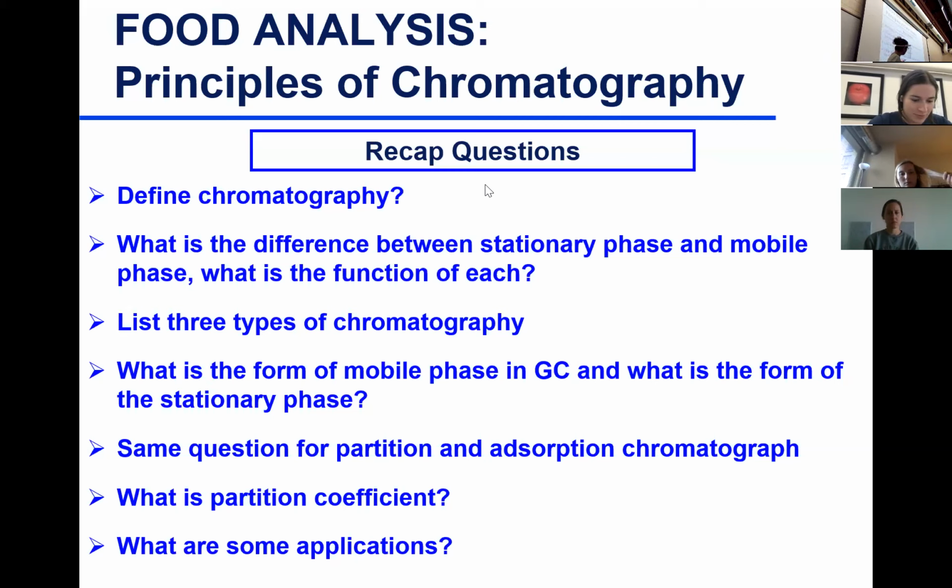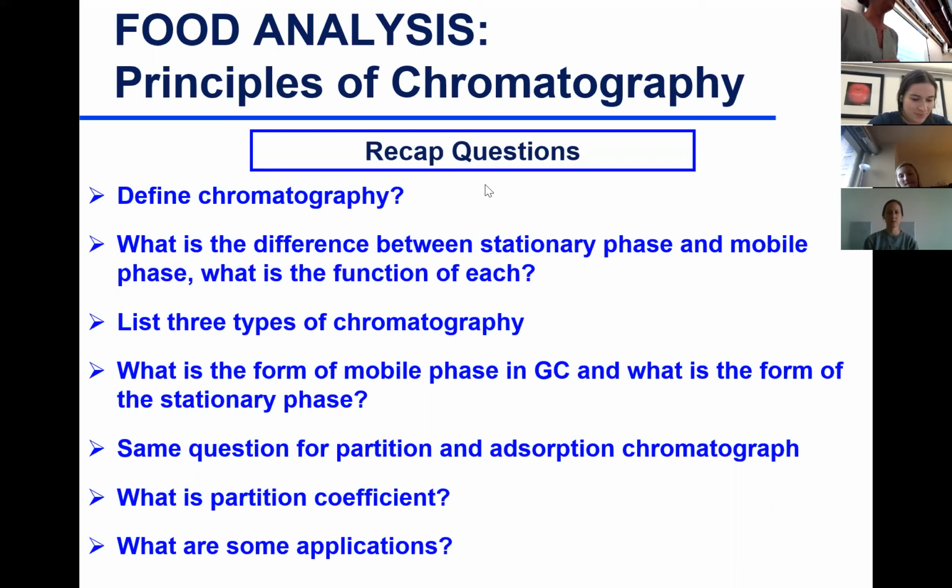In adsorption liquid chromatography, liquid-solid. Thank you, Jean. So yes, liquid-solid. Your mobile phase is liquid and your compounds of interest are adsorbing to a solid matrix, the stationary phase.